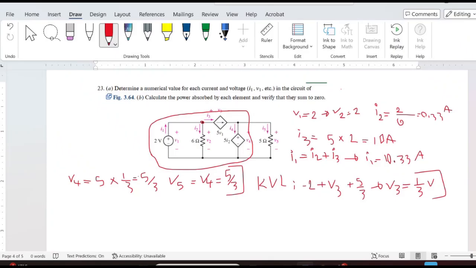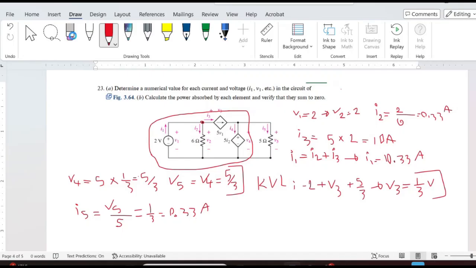And I5, we can directly calculate using Ohm's law again. I5 is V5 divided by 5. So I'm going to write it down. I5 equals V5 divided by 5. That's going to be 1 over 3 or 0.33 amp.